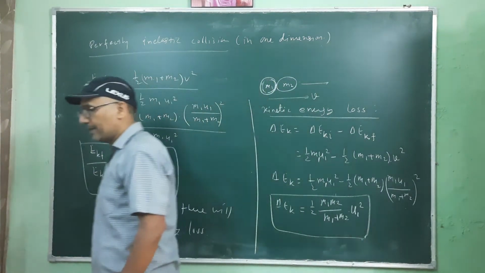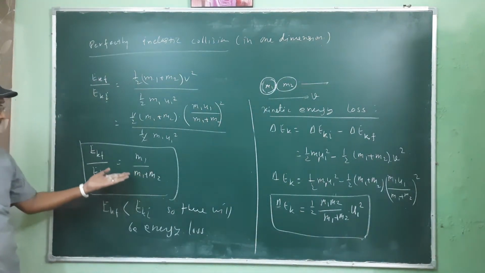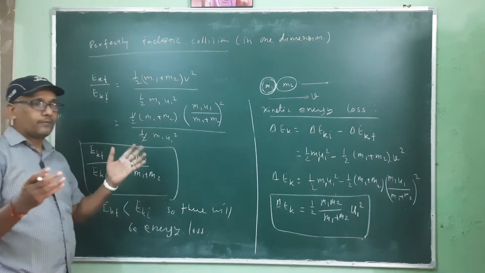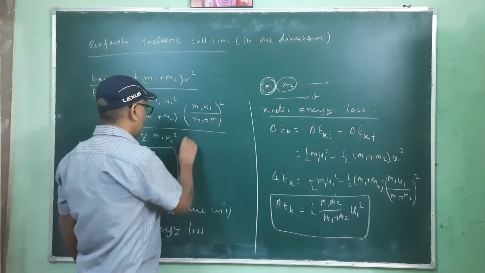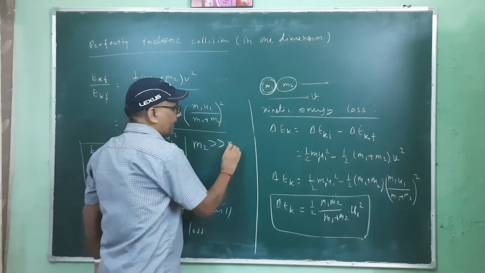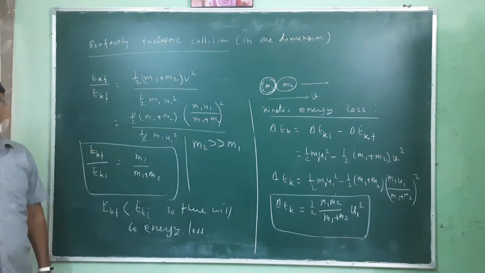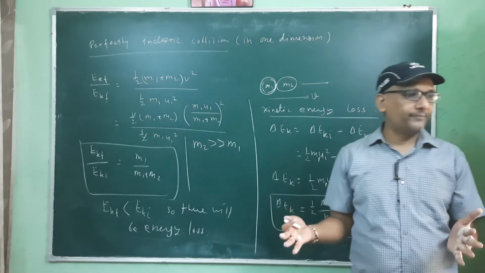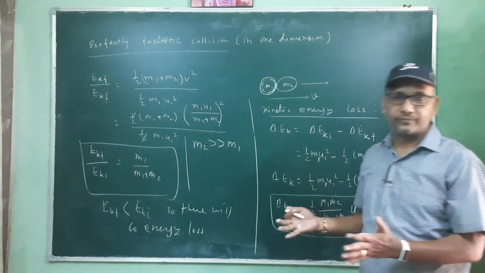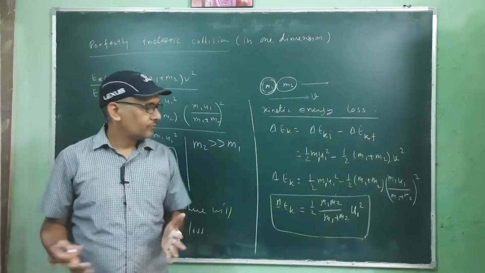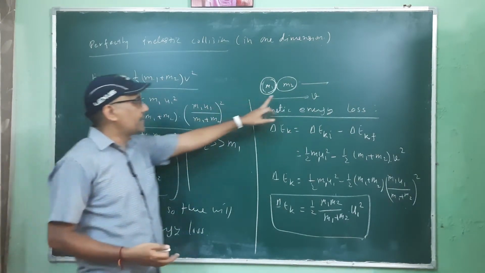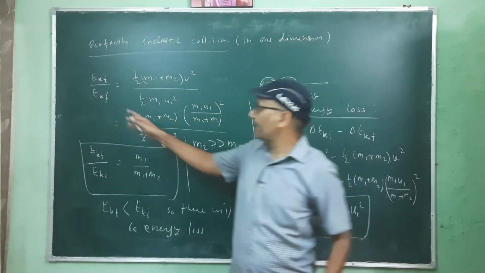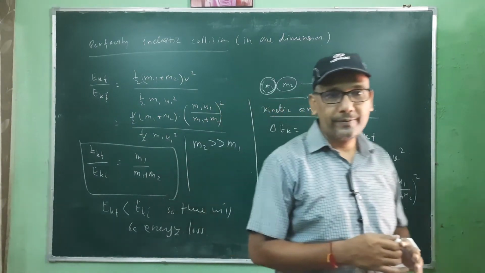So Ekf by Eki is equal to m1 upon m1 plus m2. If you take that second body as a bigger body, this m2 much greater than m1, then the complete system will be at rest. Because one body collides, and if this is the bigger one, the final velocity will be 0. So the complete initial kinetic energy will be just converted into heat.